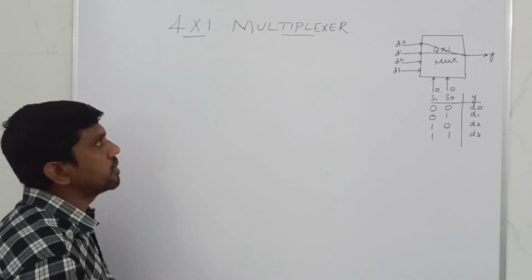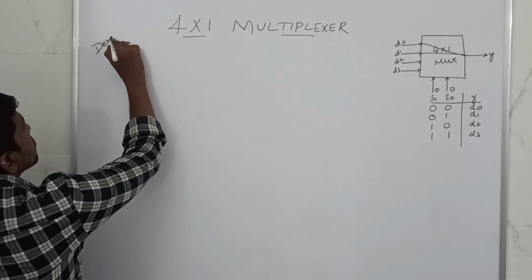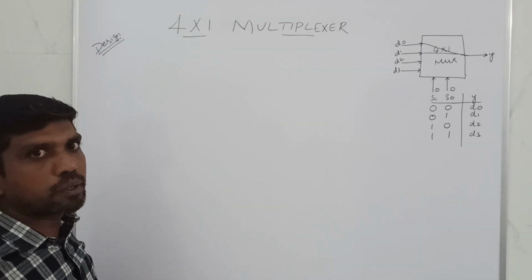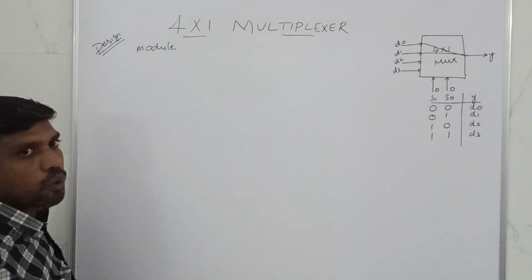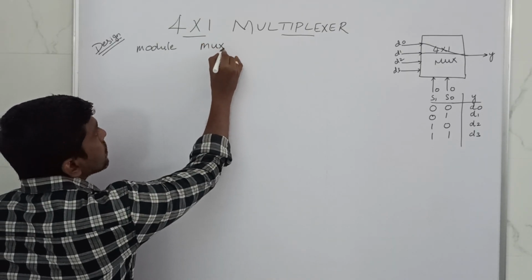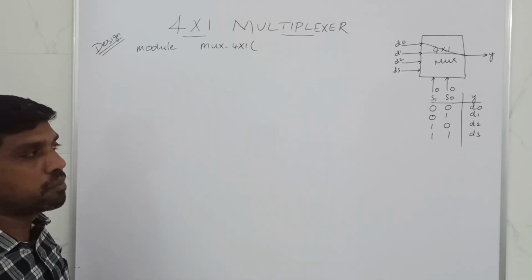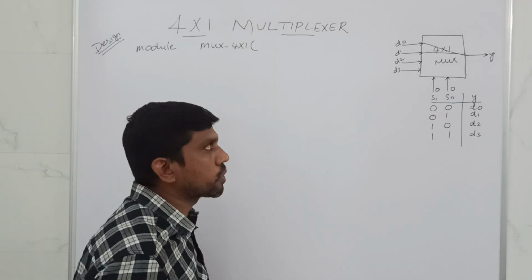Now I am going to write the design program. So, design code for the 4x1 multiplexer. First you write module, followed by the module name. Here the module name is mux_4x1. Then the declaration of input and output variables for this 4x1 mux.